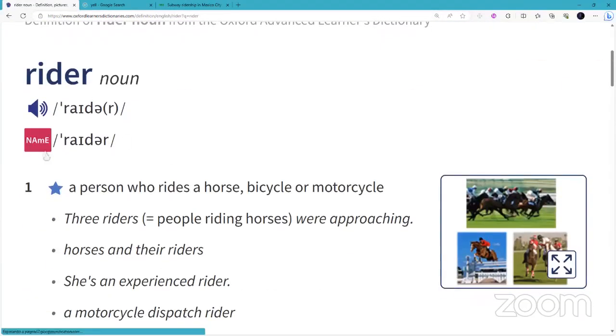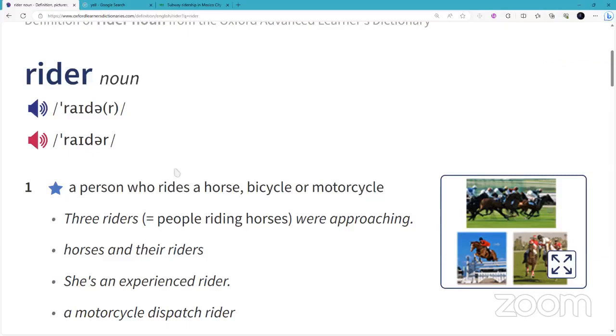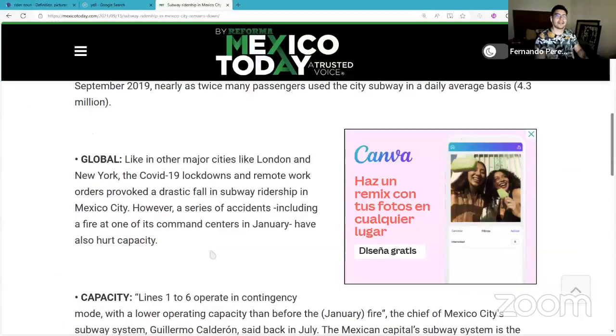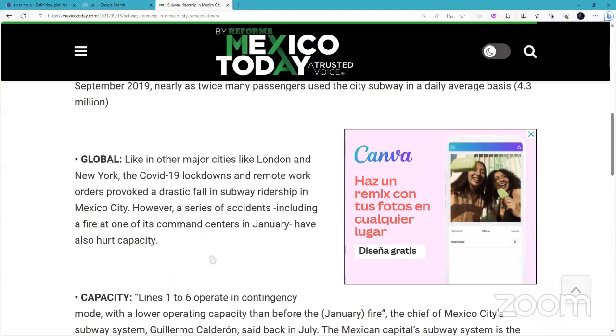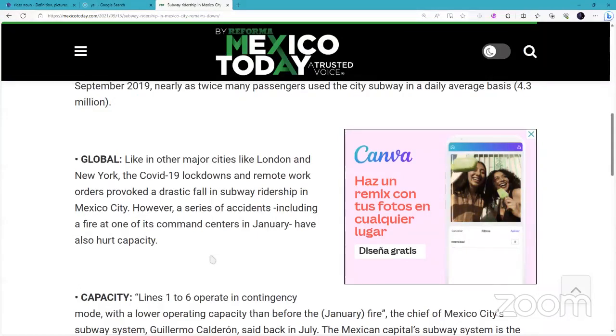Rider, rider, not writer. Not reader. A reader is a person who reads. A writer is a person who writes. Let's go again. What fell drastically in Mexico City? Ridership. Continue. Ridership in Mexico City. Excellent.